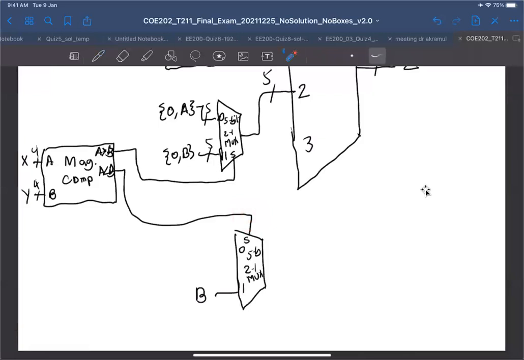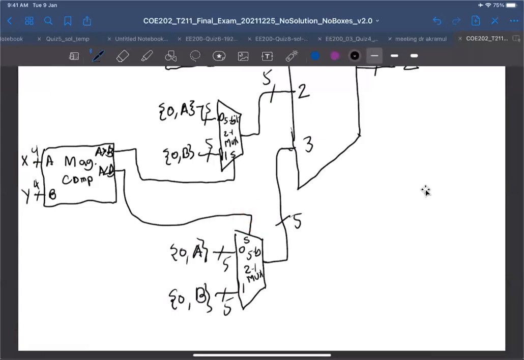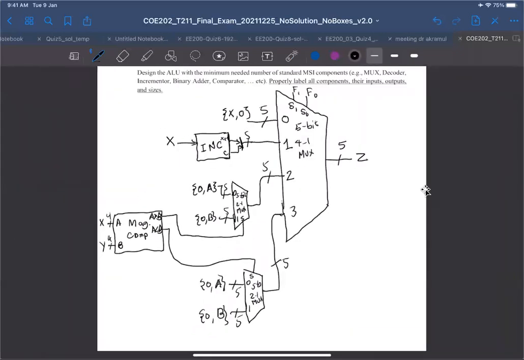So I need to hook B to 1 and A to 0. This is going to be 0, A and 0, B. This is 5-bit and this is 5-bit. So this is your circuit, simple as that.